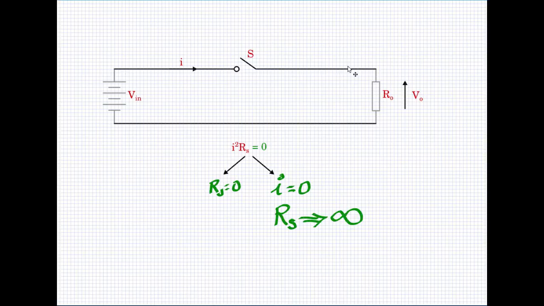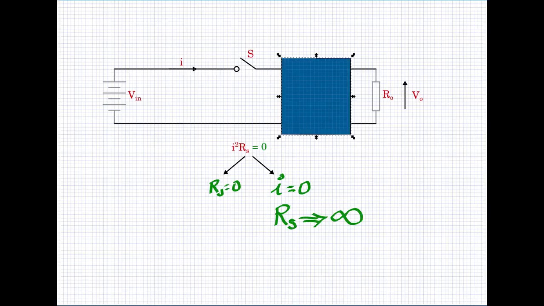This is not what we want. We would like to have the output voltage V0 as a pure DC, which means that we would like to have a kind of a filter circuit here. Now this could be a filter composed of L's and C's.